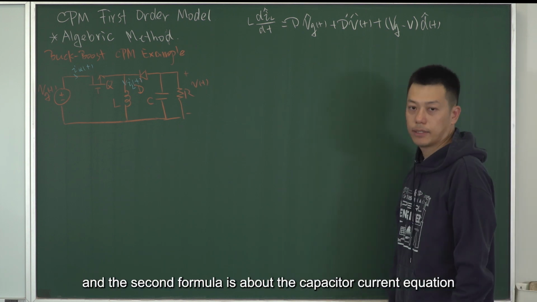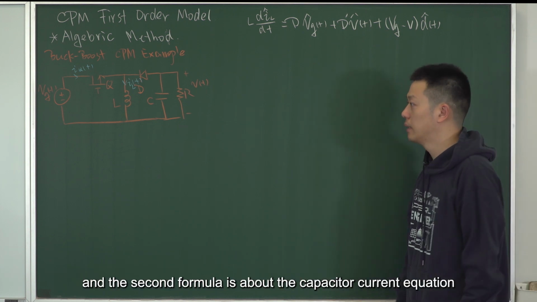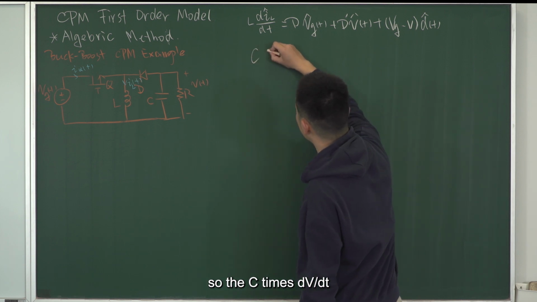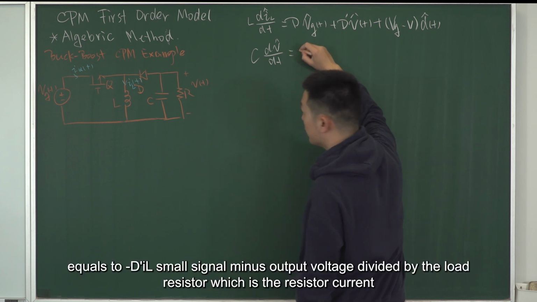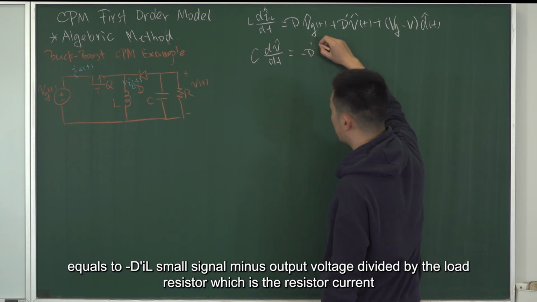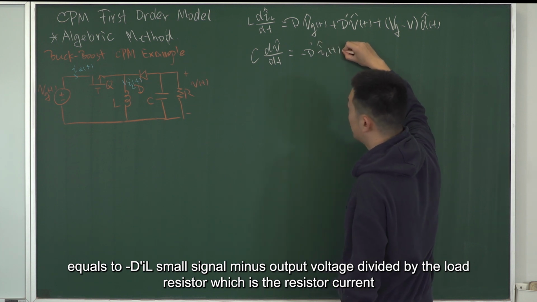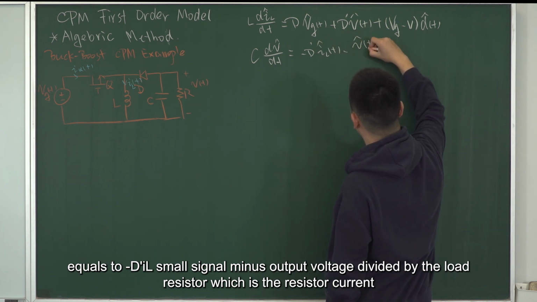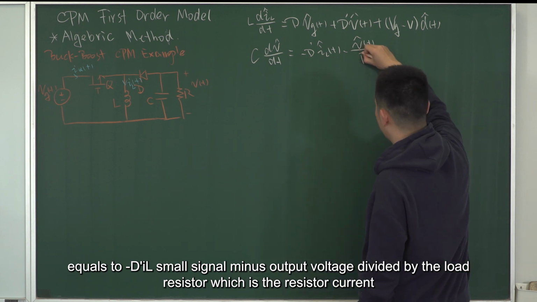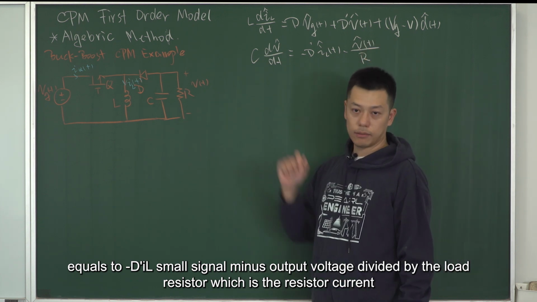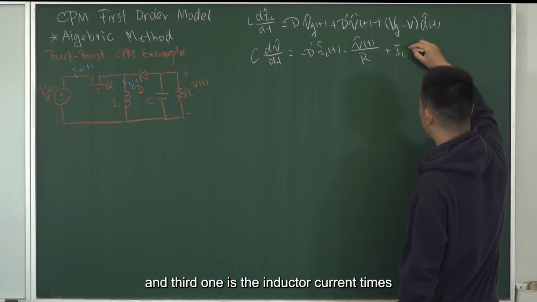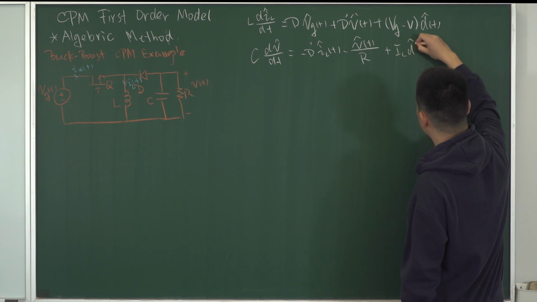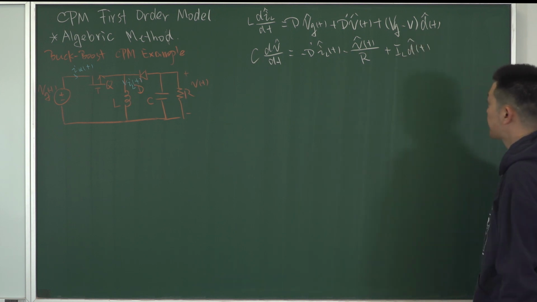The second formula is the capacitor current equation: C times dV over dt equals minus D prime times IL small signal, minus the output voltage divided by the load resistor, which is the resistor current, plus the inductor current times the small signal duty cycle.